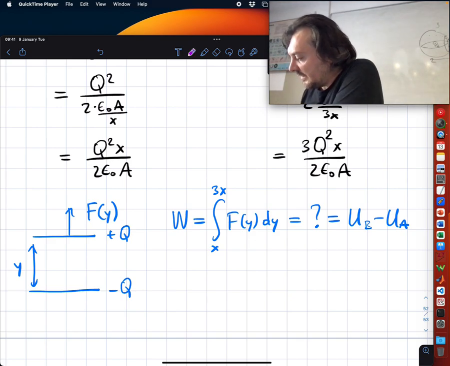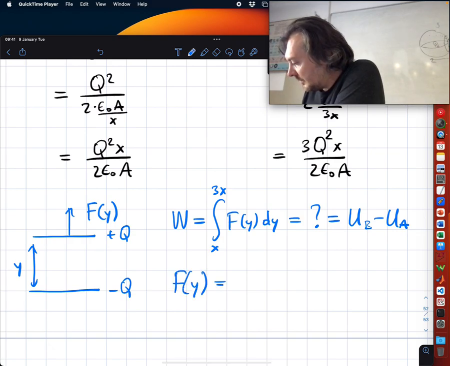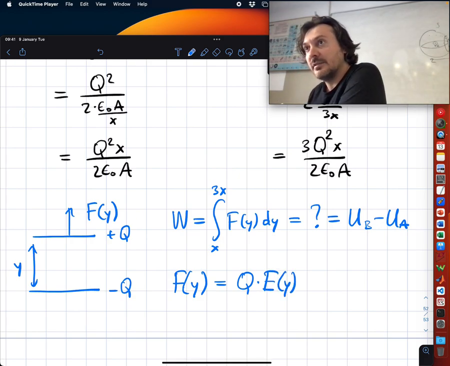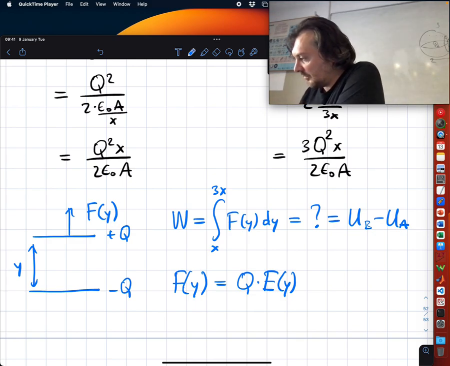So can you find electric field? You are saying that Fy is simply Q times the electric field, which changes with Y, right? So can you find the electric field? That's the tricky part. Cylindrical Gaussian surface. Where do you put your cylindrical Gauss surface?